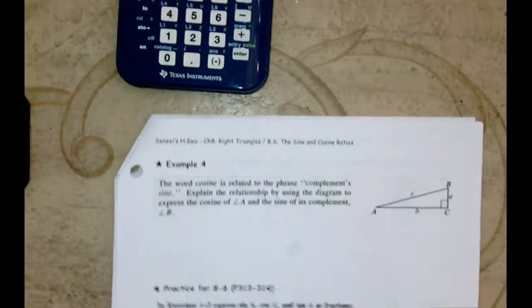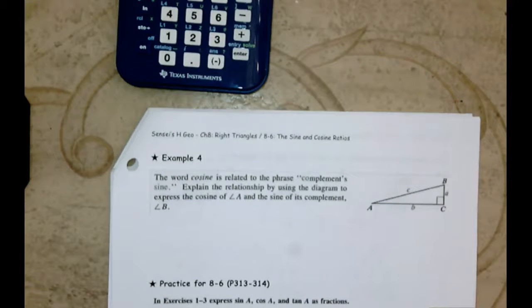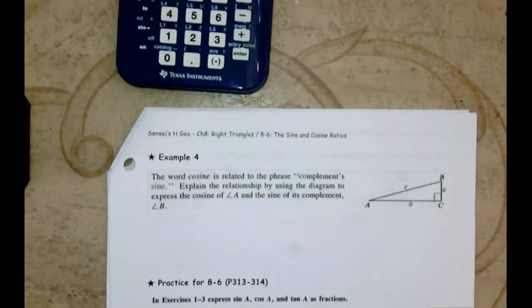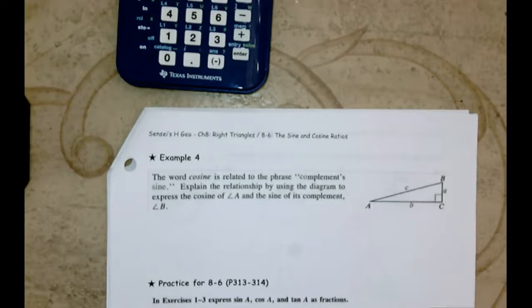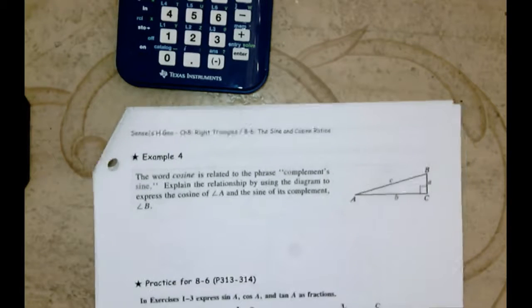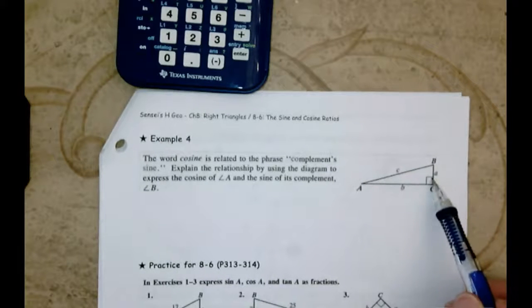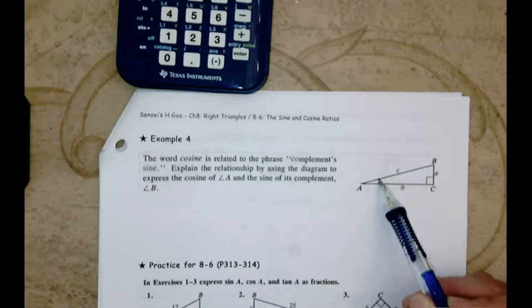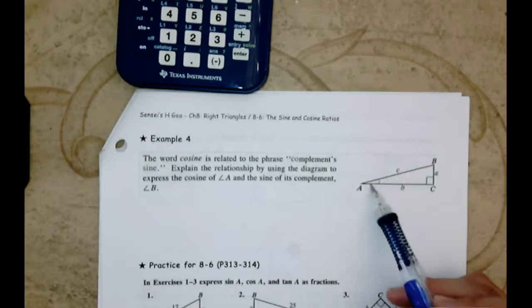Example 4. The word cosine is related to the complements of sine. Cosine is the complement of sine. Explain the relationship by using a diagram to express the cosine of A and the sine of its complement. Okay, so cosine of A is adjacent over hypotenuse.